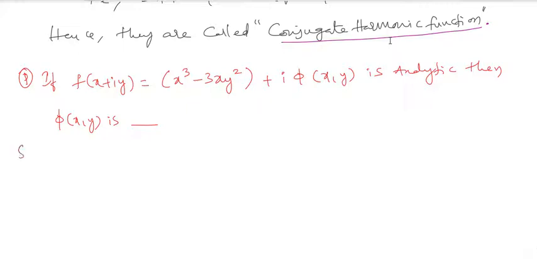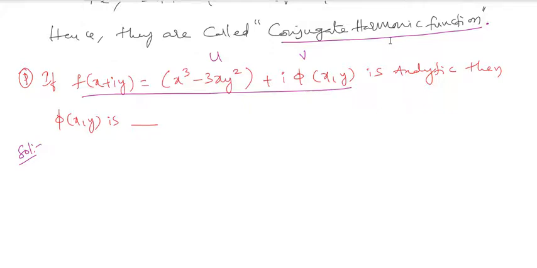This is the question. Usually f of z is u plus iv; u is given, so you have to calculate v.